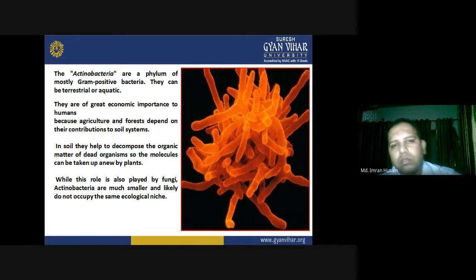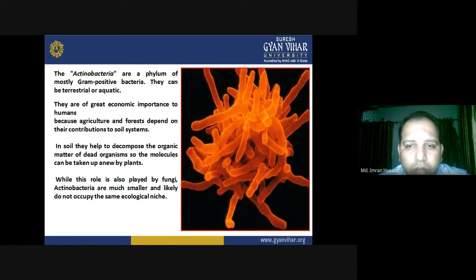Right. So they are of great economic importance to humans. They are economically very essentially important because agriculture and forests depend on their contribution to the soil system.